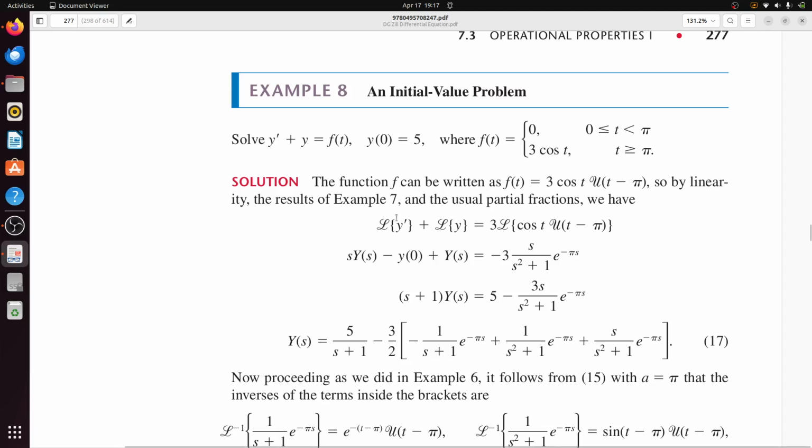So by linearity, the result of example 7, the example which I have discussed just before, and the usual partial fractions, you can have the Laplace transformation of this plus the Laplace transformation of that equal to 3 times the Laplace transformation of cos t into u(t minus pi).